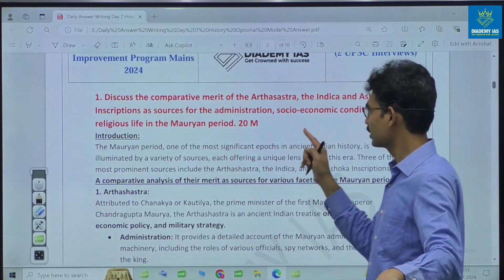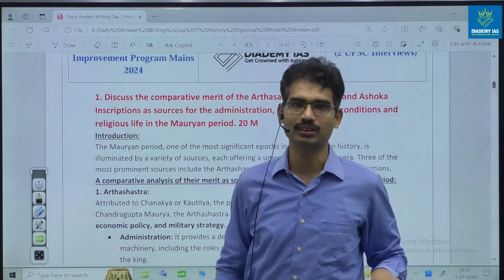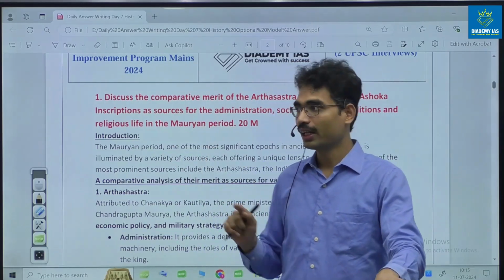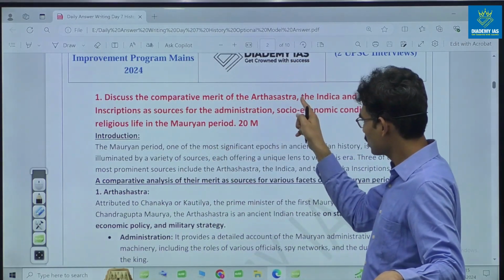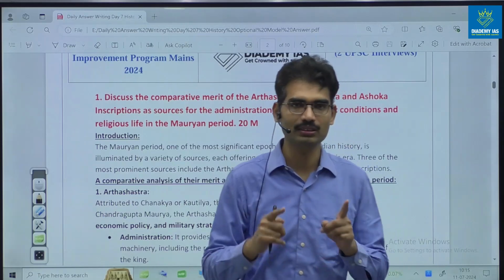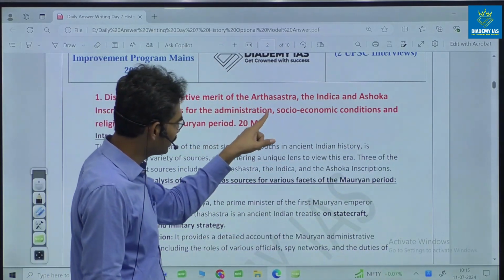The third component you see, Ashoka inscriptions, that itself can be asked as a 20-marker question. But here, you have to mention Arthashastra, Indica, Ashoka inscriptions, and now you see, as sources for the administration.